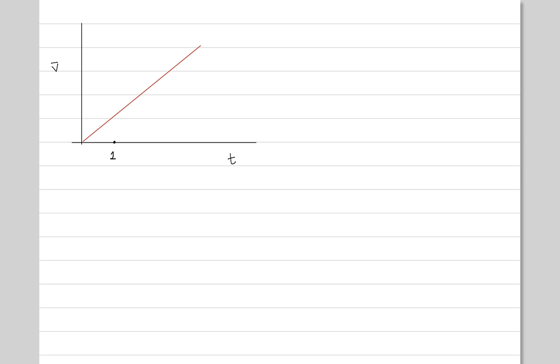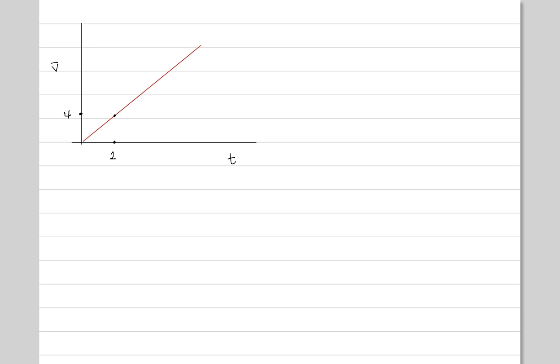So at 1, the velocity will be 4. That's a position. It's weird, right? The ticker tape is a position versus time diagram. We are drawing a velocity time diagram.